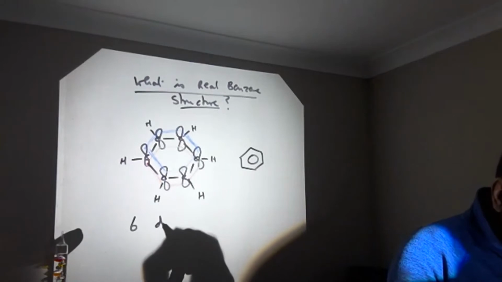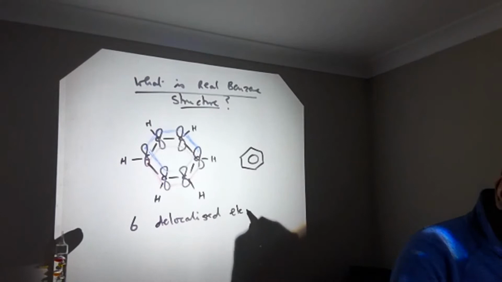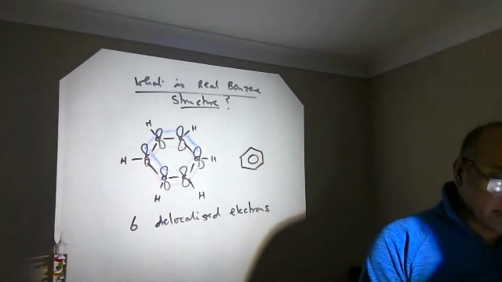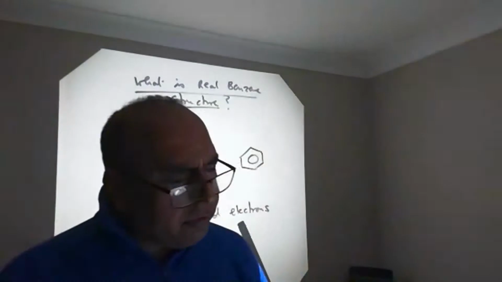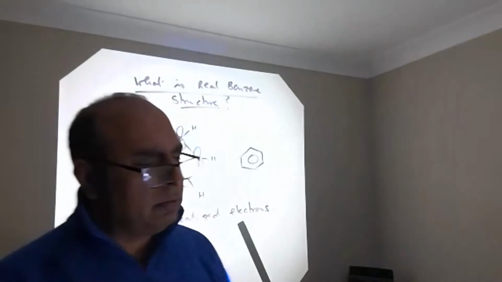So there are 6 delocalized electrons. And as you know, 6 delocalized electrons equals 3 covalent bonds. But those 3 covalent bonds are spread over 6 carbon atoms.